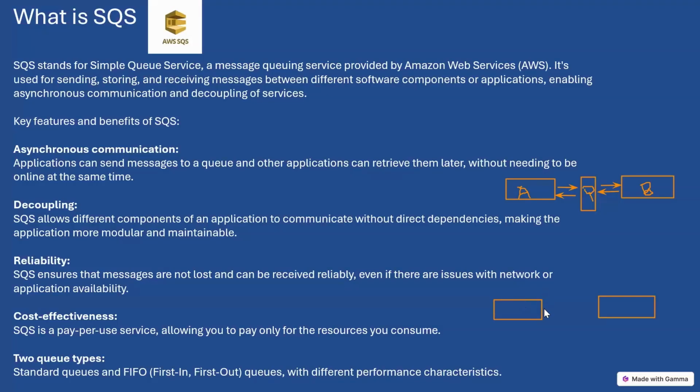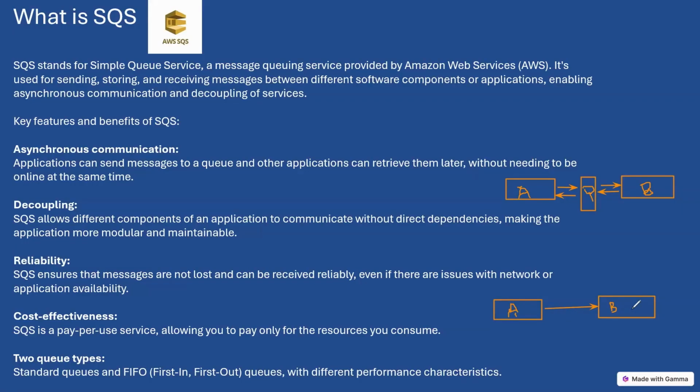So let's say if system B is down, or not down, let's say there is some issue in the code that system B is having, your A system would get a failed message, and this is not a reliable thing, right?